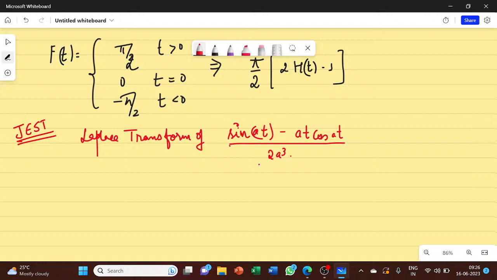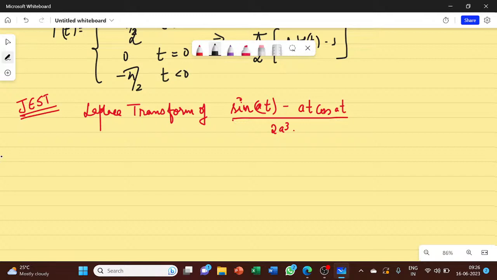So if I want to find the Laplace transform of this particular function, how would I do? This was asked in JEST exam. I think it was 2018.